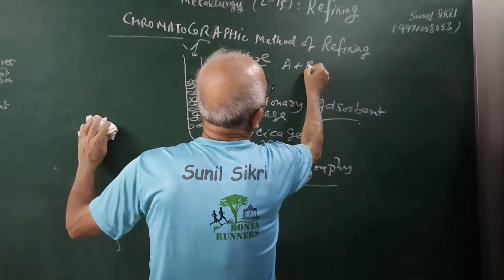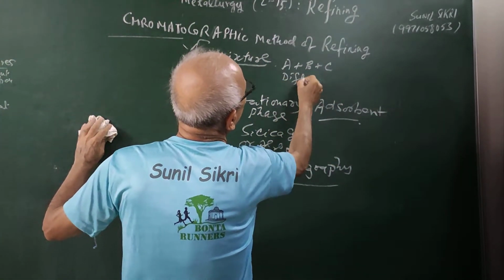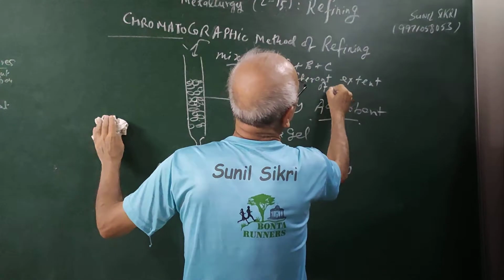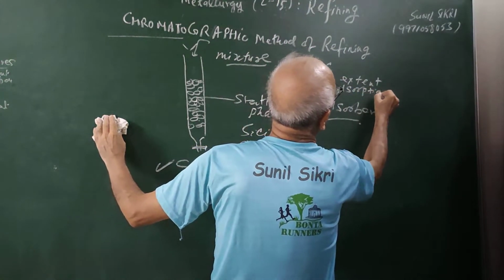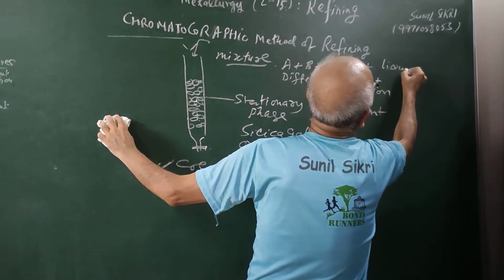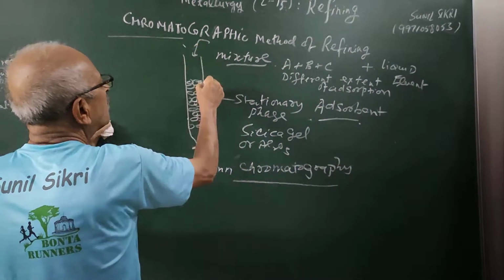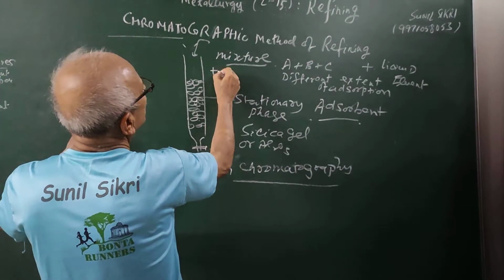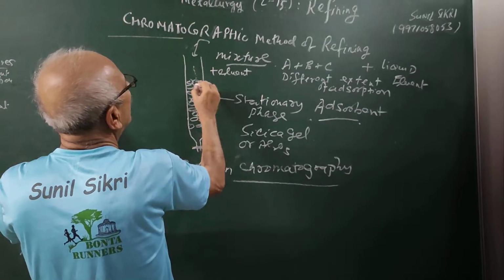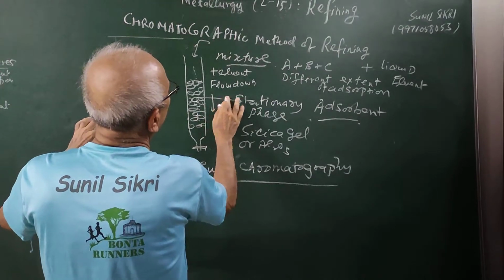Supposing it has three components, A, B and C, and these three have different extents of adsorption. I will add some liquid, which we call eluent, so that the mixture flows down. The mixture plus eluent is added here and will flow down slowly through the stationary phase.